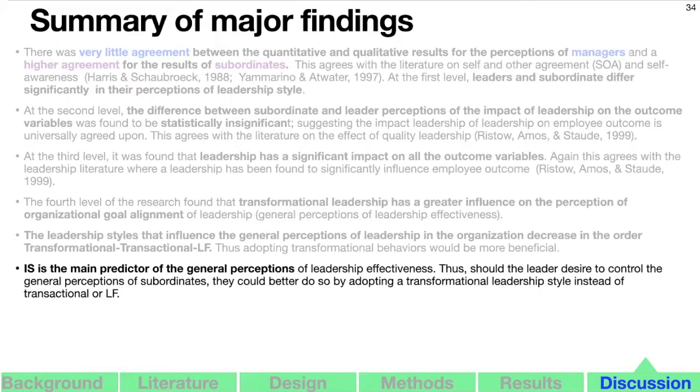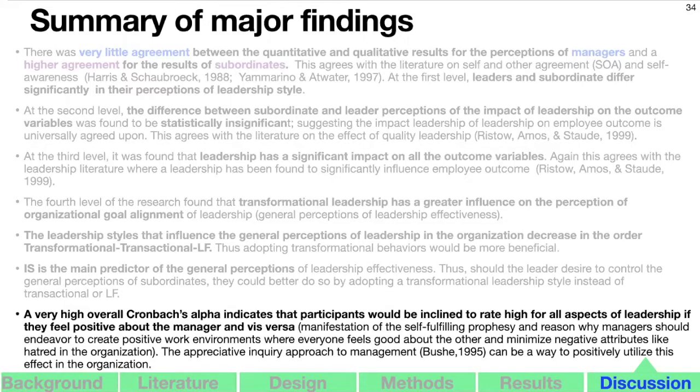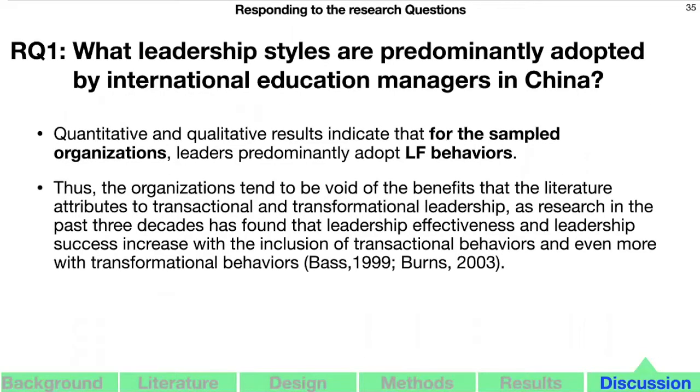And this agreed with the high Cronbach's alpha that was gotten for all of these instruments. We have talked about appreciative inquiry before, and this agrees that if everyone in the organization has a positive feeling, then it will spread in all aspects of the organization.